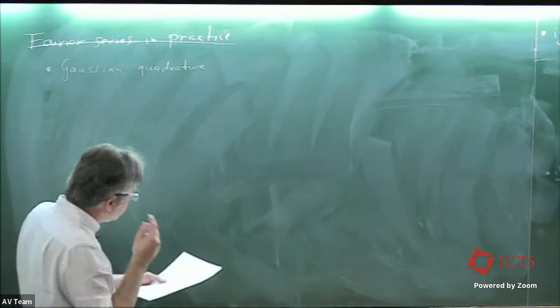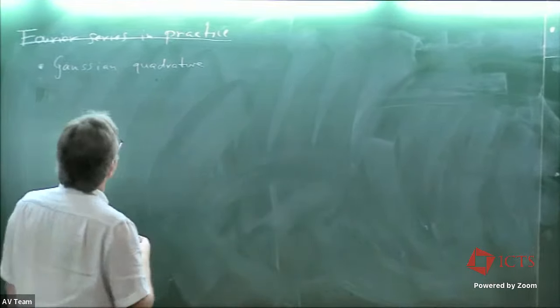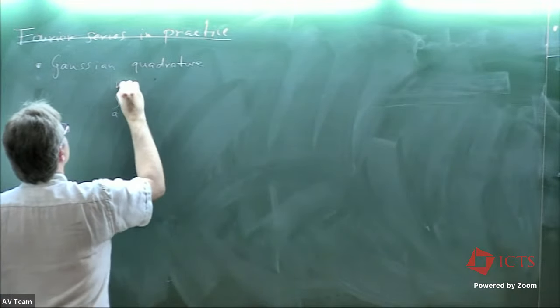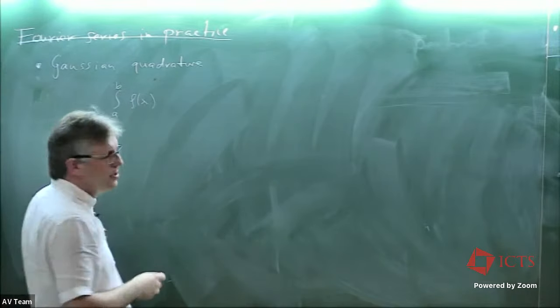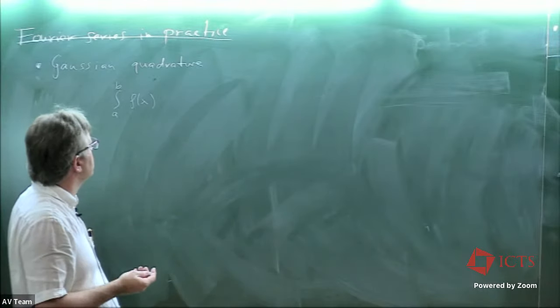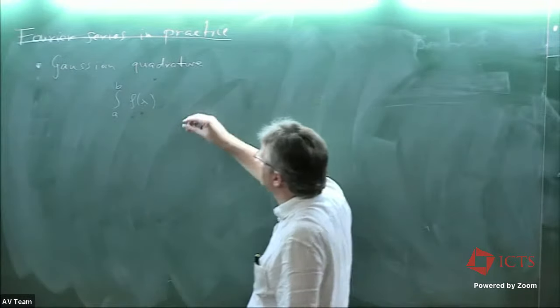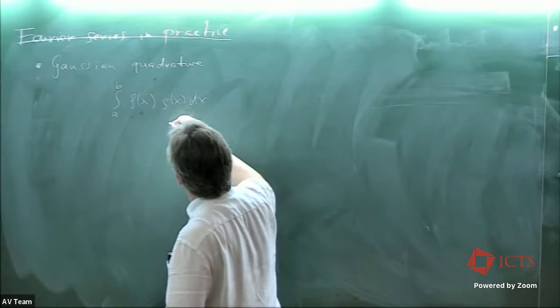Gaussian quadrature is a way of evaluating integrals very precisely. You have a function f of x that you are given, and you happen to want to integrate integrals of the form f of x times a weight function rho of x dx.